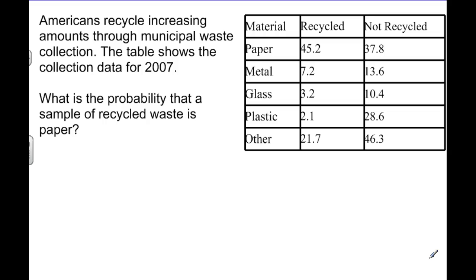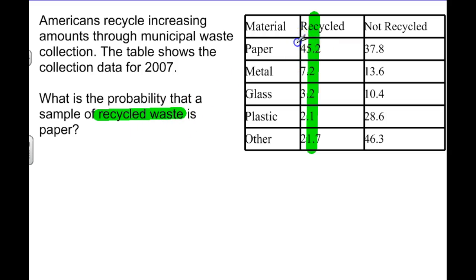Let's try another one. Some more information here. What is the probability that a sample of recycled waste is paper? So really, it says it a different way, but the given information is that we are talking about a sample of recycled waste. That's given. So the given information is recycled, so I'm only looking at this information here.